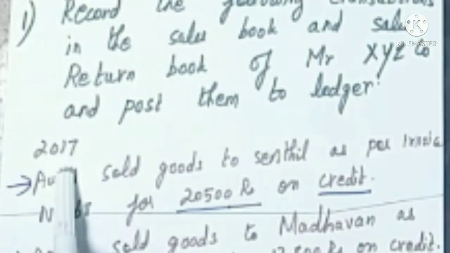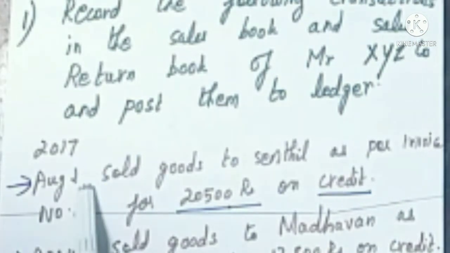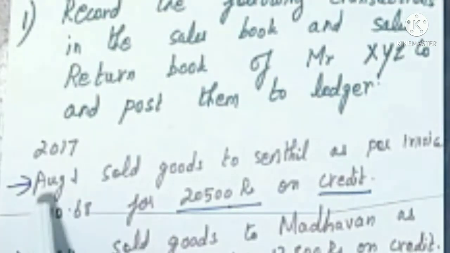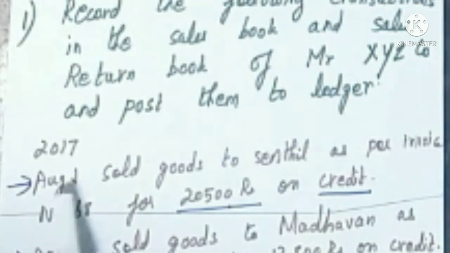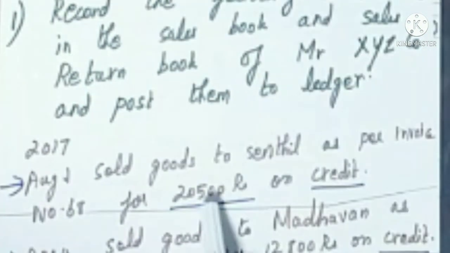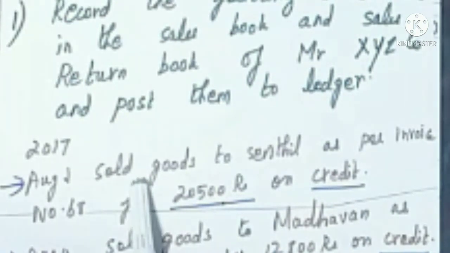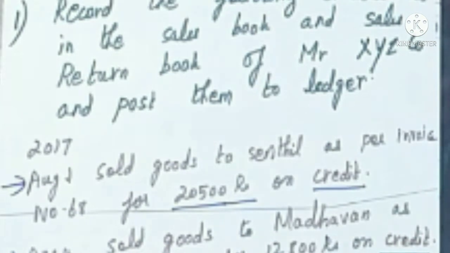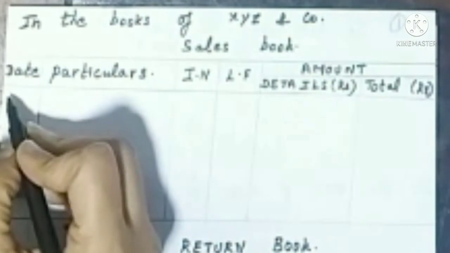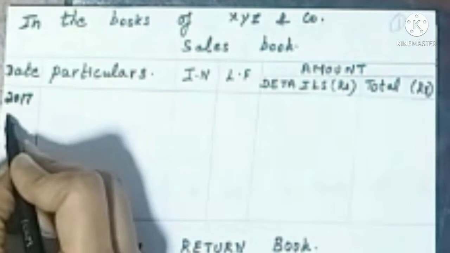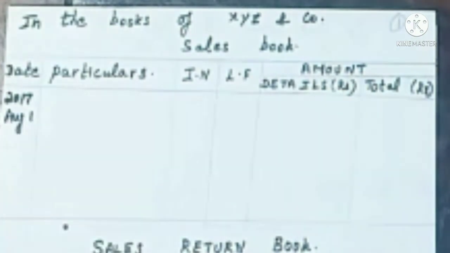In this transaction, August 1st, the goods are sold. So we have to write in date column August 1, 2017. Invoice number is 68. The amount is rupees 20,500. And the goods are sold to Sendil. So I am writing 2017, August 1st.